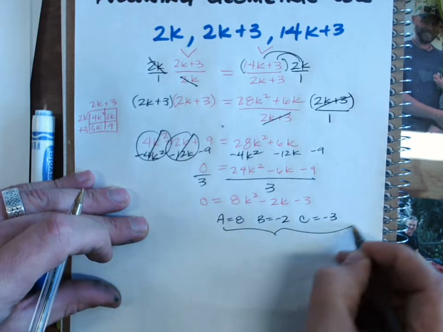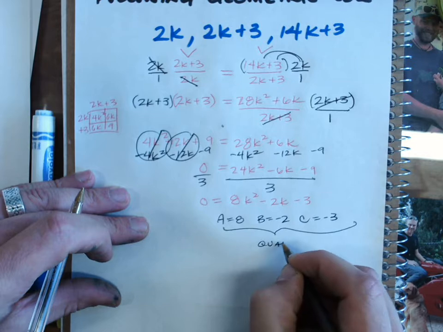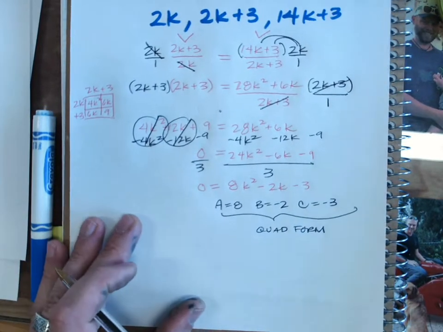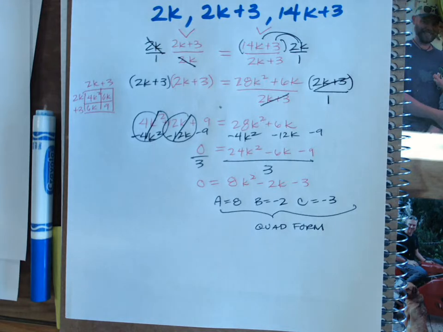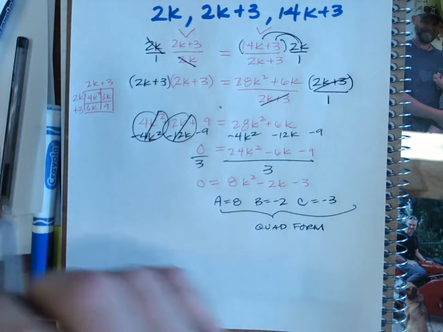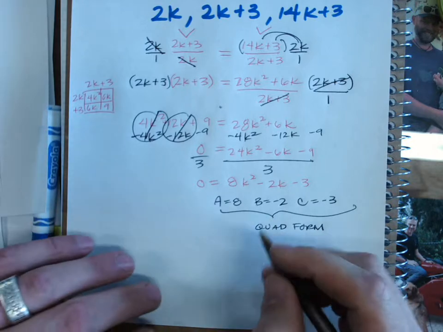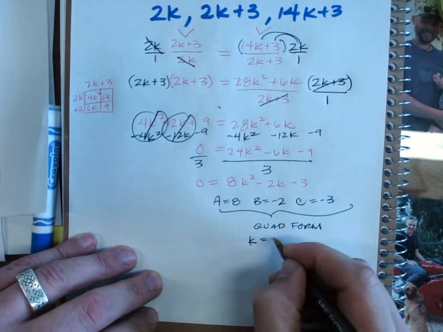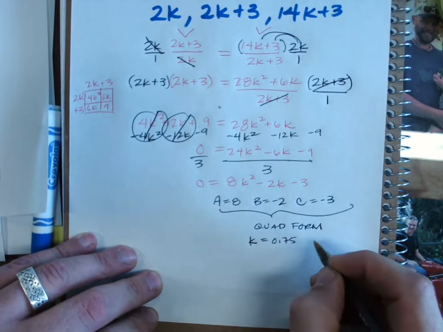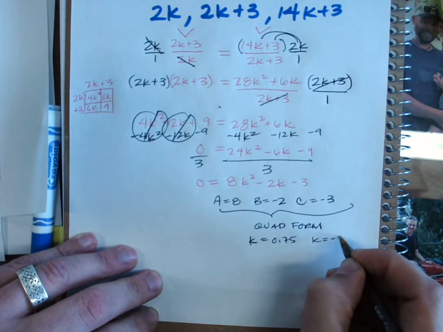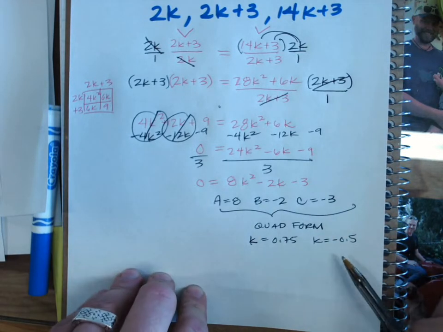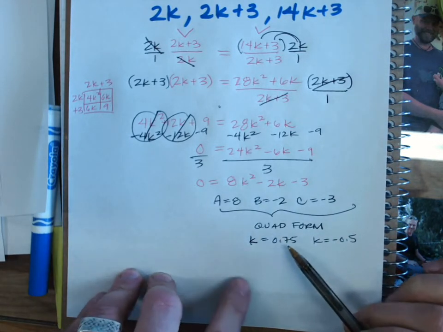I'm going to take those numbers into the quadratic formula. I'm not going to write that out. I'm going to do that on the sidelines here and come back. Okay, after working that out, there are in fact two solutions. k is 0.75 or k equals -0.5. And one of these might be a bogus answer.